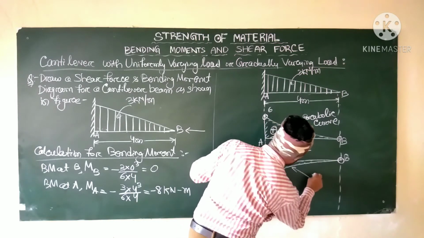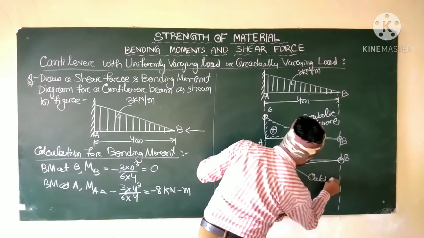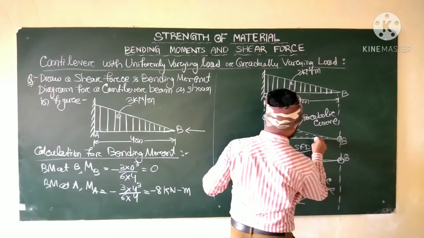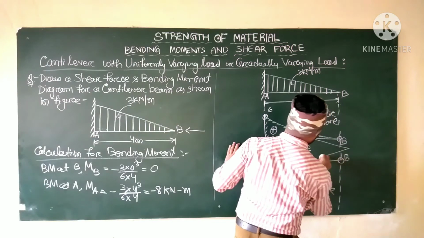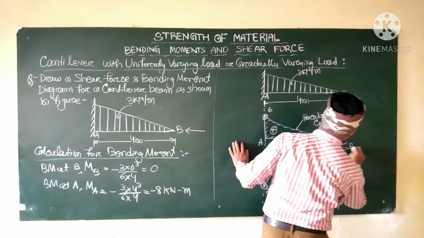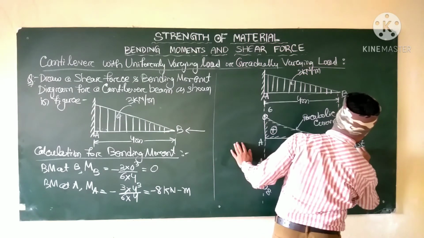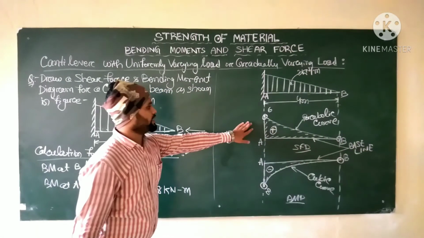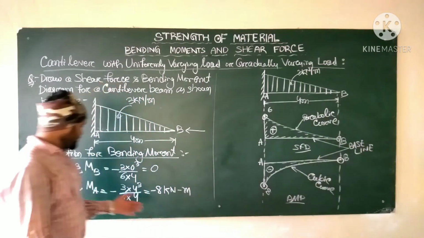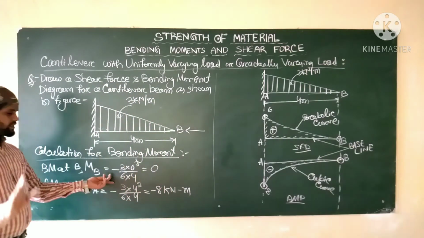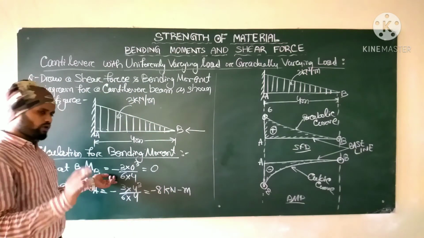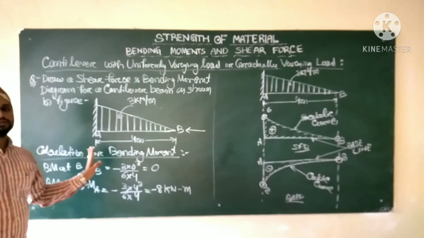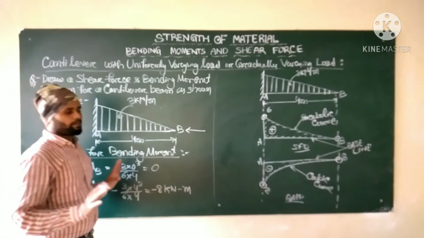This line is a cubic curve, and these two are what? Baseline. These two are baseline. So this is the shear force diagram. That is the bending moment diagram. You do not have to remember this, you only have to know the formula. After that, at point B it is 0. At point A it is the distance value.